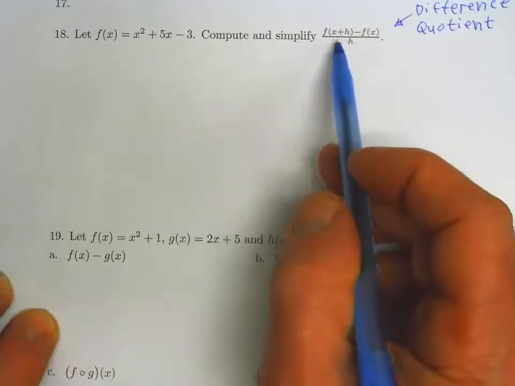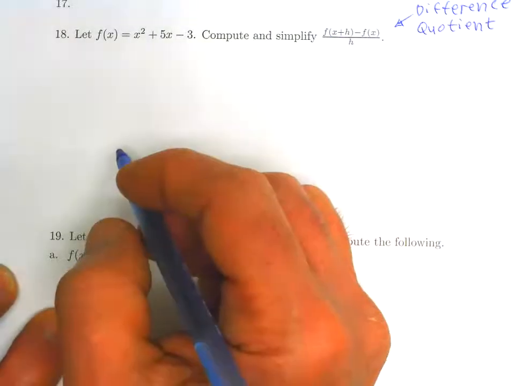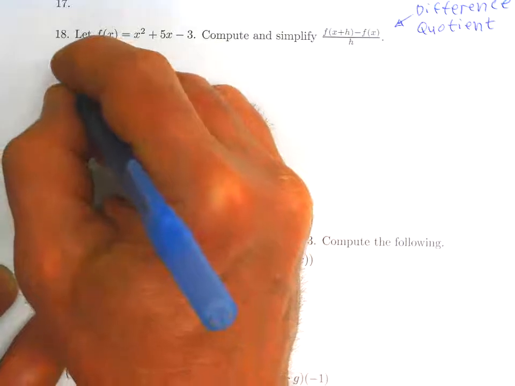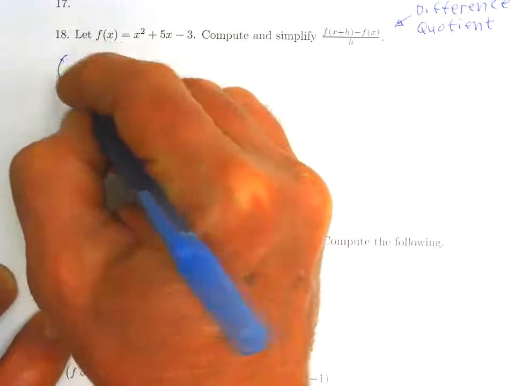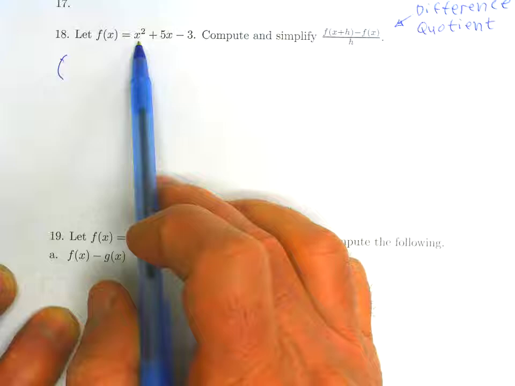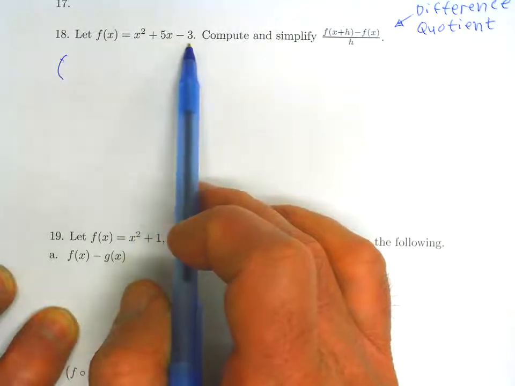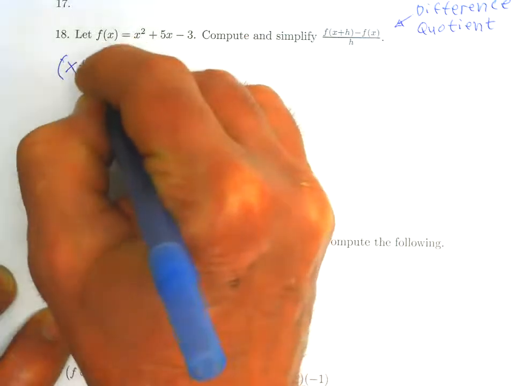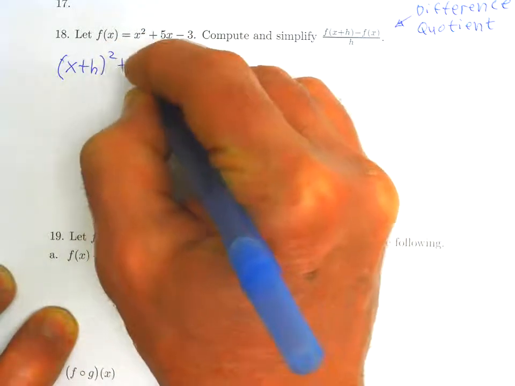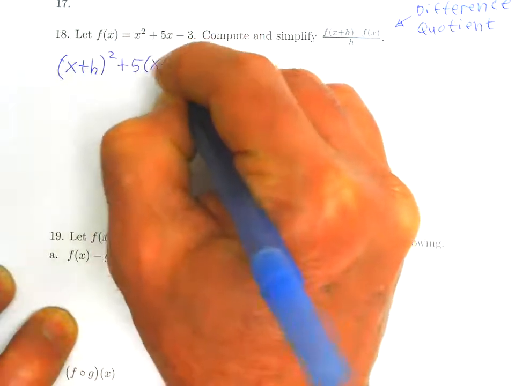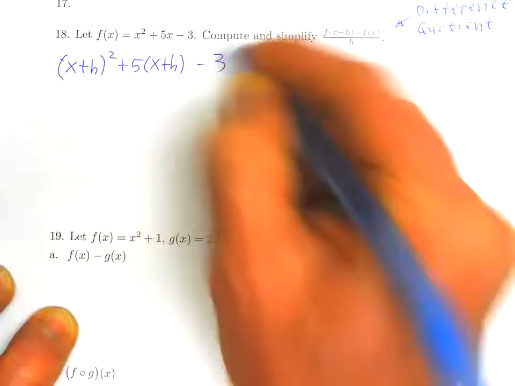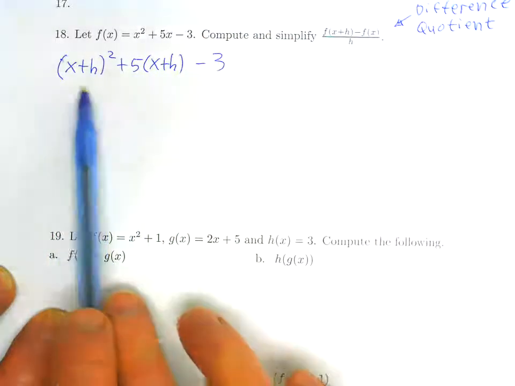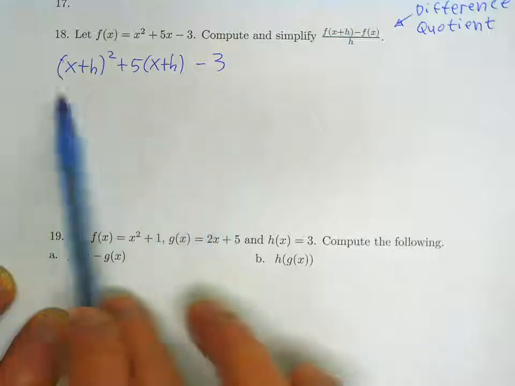Okay, so in the numerator, f of x plus h. Since f of x is x squared plus 5x minus 3, f of x plus h is x plus h squared plus 5 times x plus h minus 3. So this is what f of x plus h is.